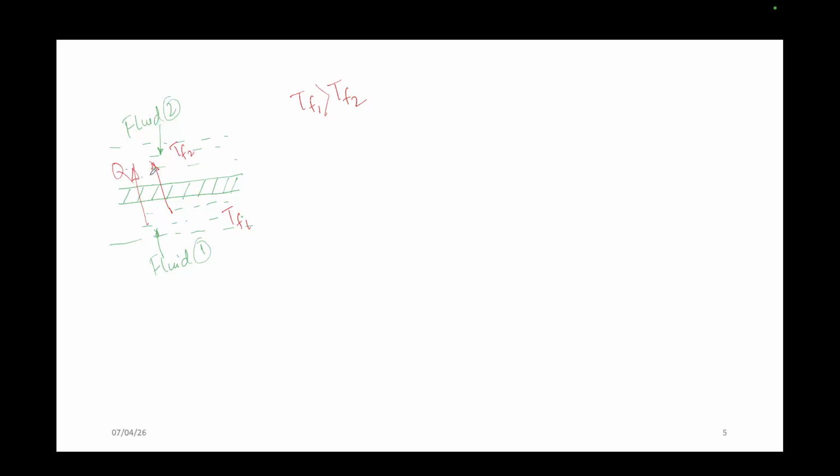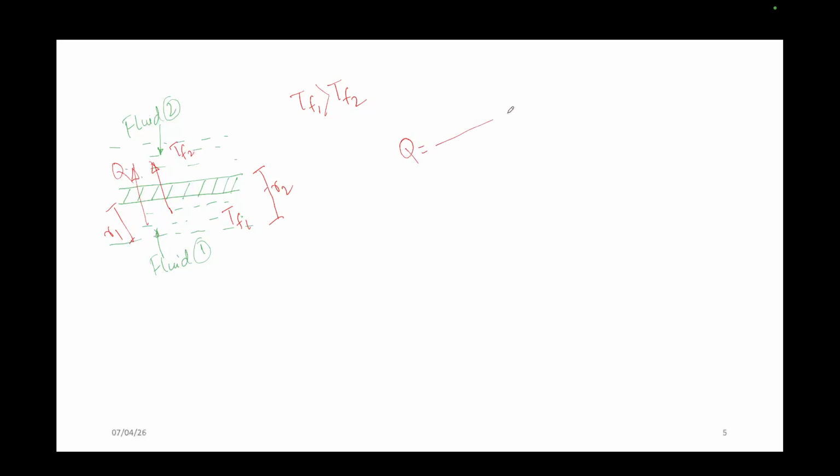So now from this conduction concept, you just tell me one thing. Say this one is your R1 and this one is your R2. So you know what Q is.